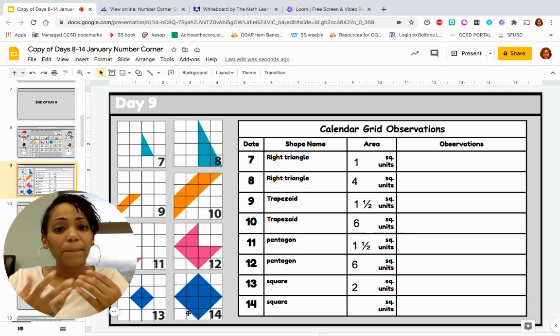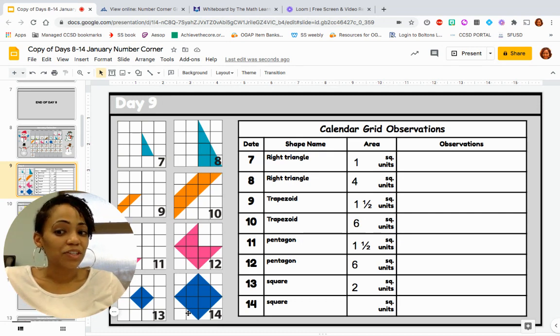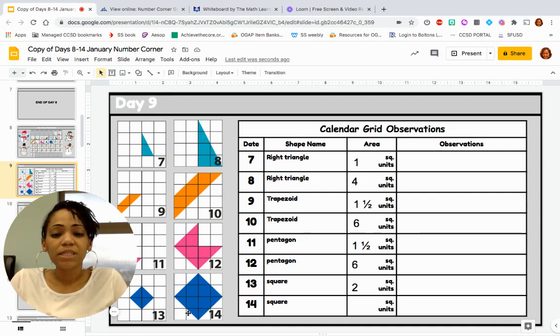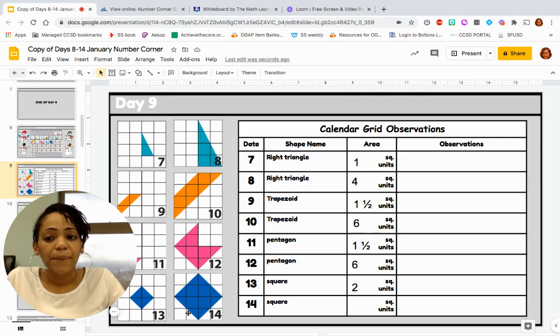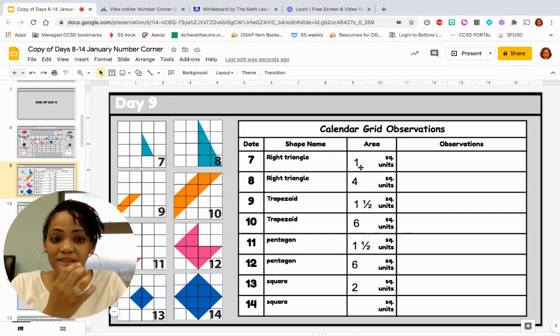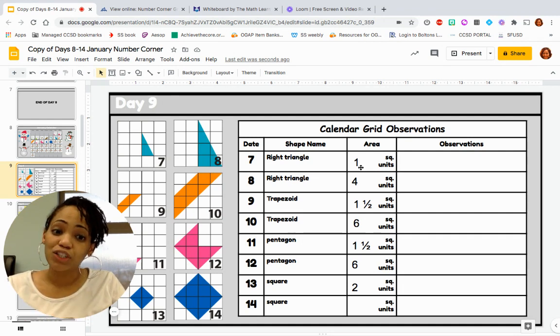Maybe you're thinking about some of the observations you made yesterday, and I only gave you 2 hints. I'm going to give you another observation that could have been made, just in case you didn't figure it out. Every other day, when we have the bigger shape of the 2 similar shapes, the area is 4 times larger than the area of the first shape.